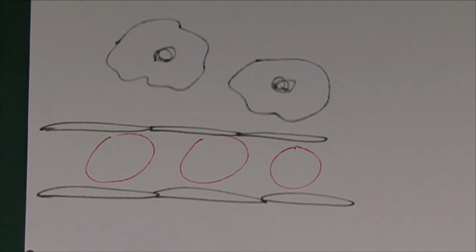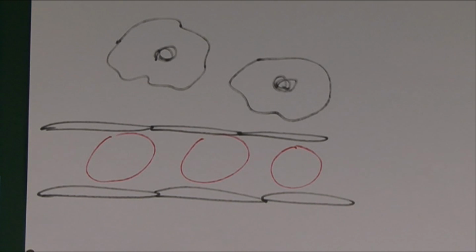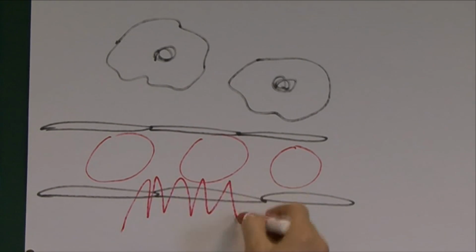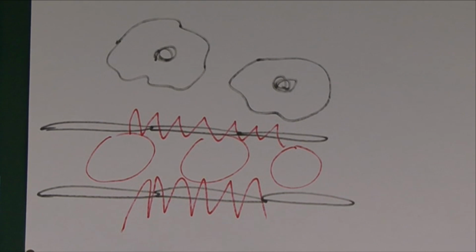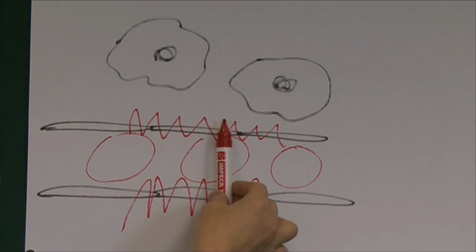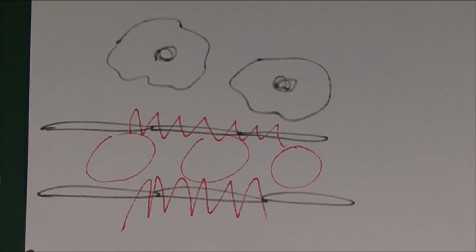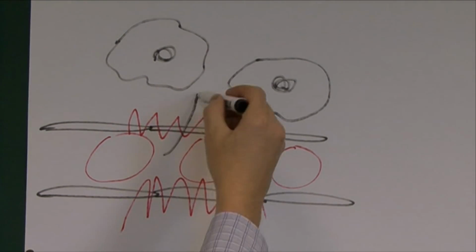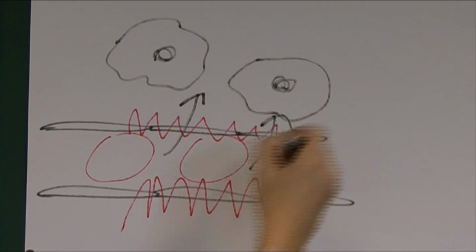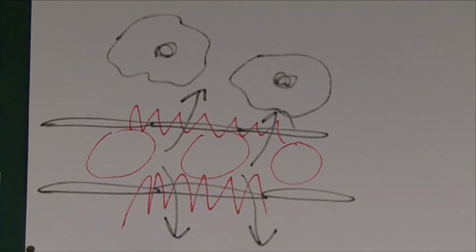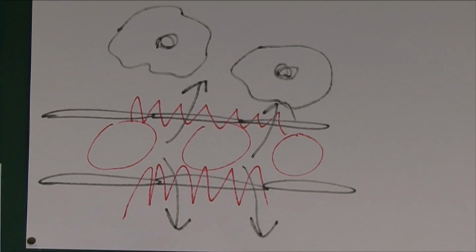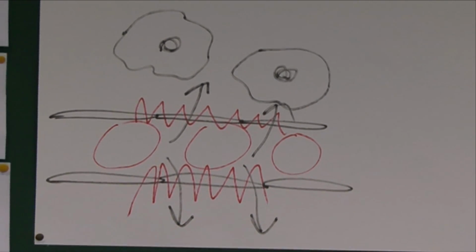But the idea with vasogenic cerebral edema is that the trauma can disrupt the integrity of the capillaries. That will make the membrane more leaky, and that will allow tissue fluid out into the interstitial spaces. So that's one mechanism of cerebral edema, the vasogenic cerebral edema.